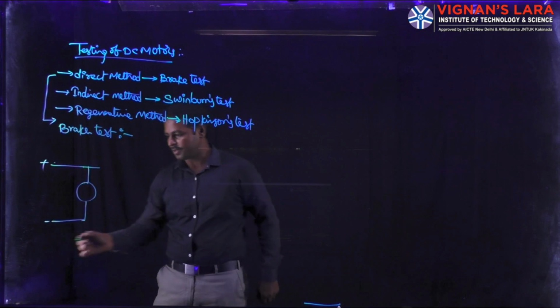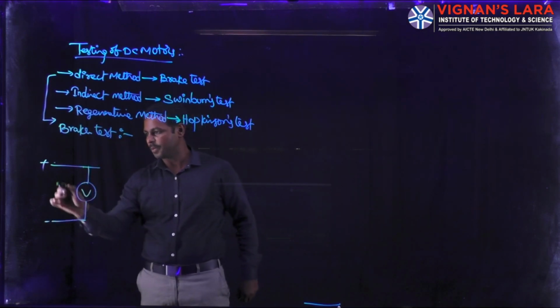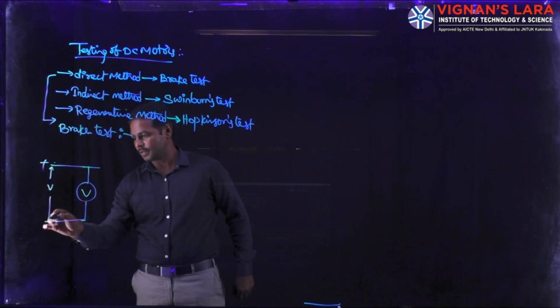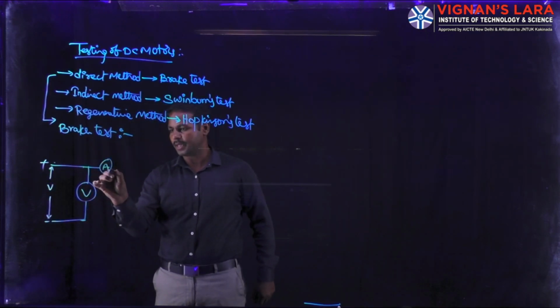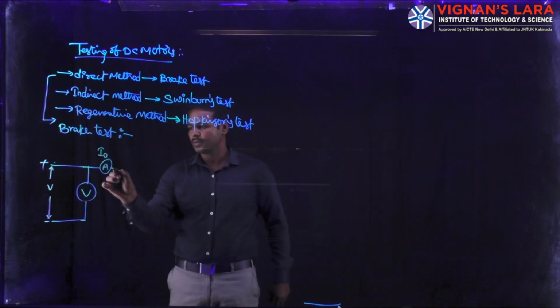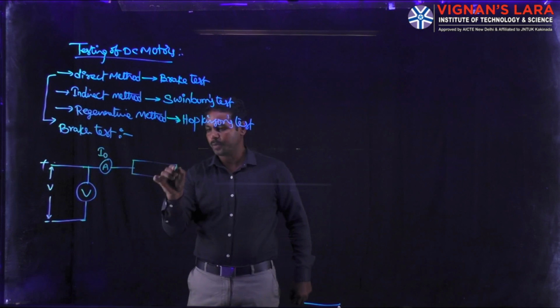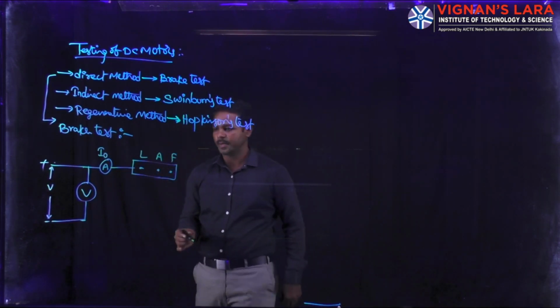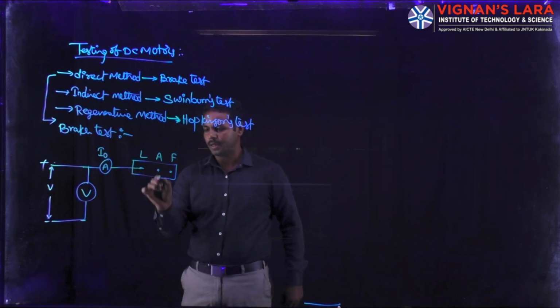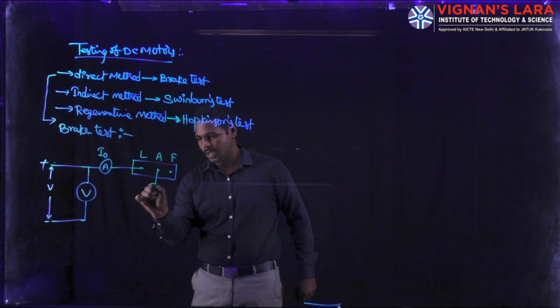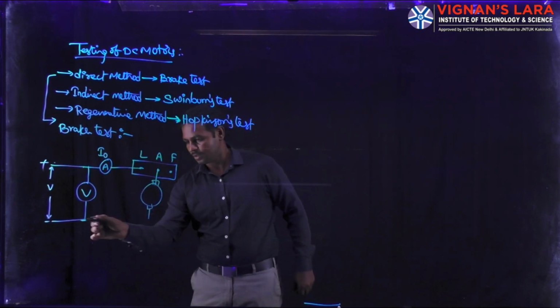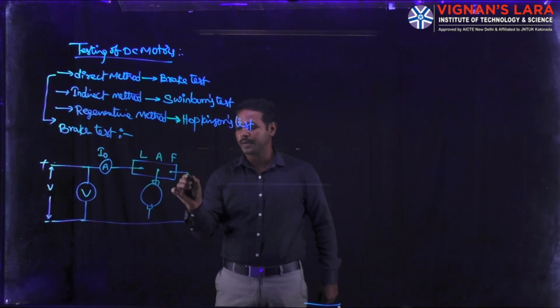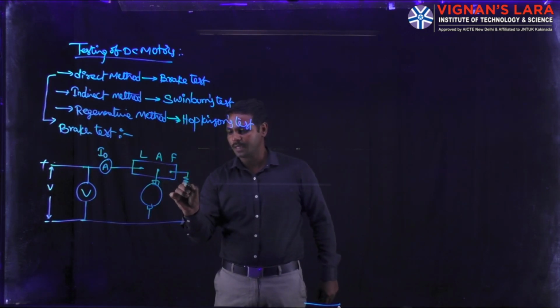Whatever voltage is given to the motor is measured by a voltmeter, which is equal to V. The corresponding input current is measured by an ammeter, denoted by I0, which is connected to the 3-point starter with terminals L, A, F. L is the line, A is the armature, and F is the field terminal. The line terminal is directly connected to L, and the armature is connected to A. Another one is the field, where we can control the field resistance or field current, so we use a field rheostat, which is always placed in the minimum position.